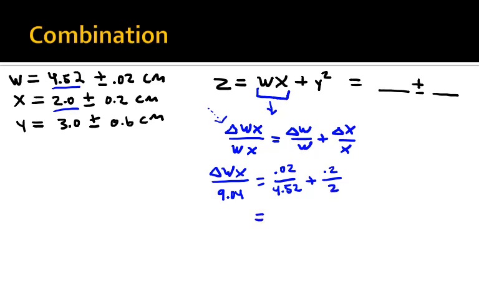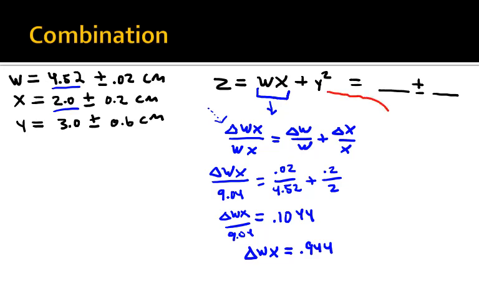So we'll do that: 0.02 over 4.52 plus 0.2 over 2, and we'll multiply that by 9.04. That gives 0.1044 equals the uncertainty of Wx over 9.04. So the uncertainty of Wx is 0.944. So that's going to be critical.